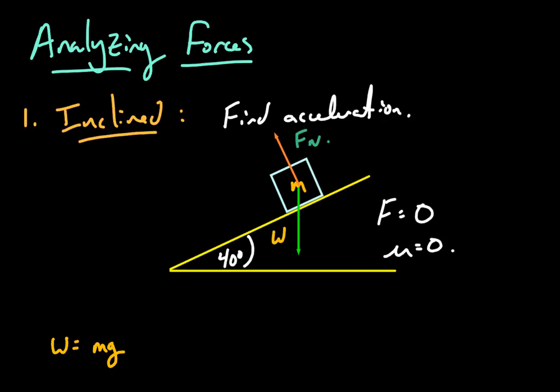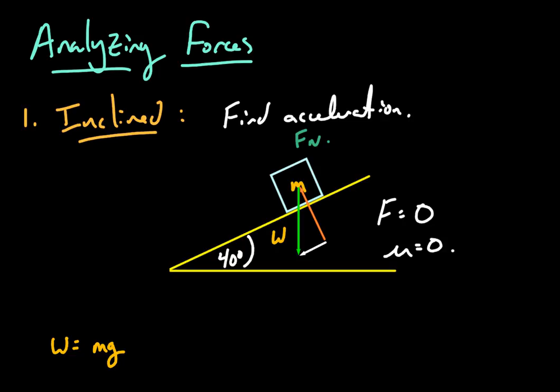In order to figure out what's going on with the normal force, we need to do a tip-to-tail vector scenario, like that. And then we'll find that the resultant force, when we sum these two, is going to point like that. This is going to be the force acting on this object to accelerate it down the surface.